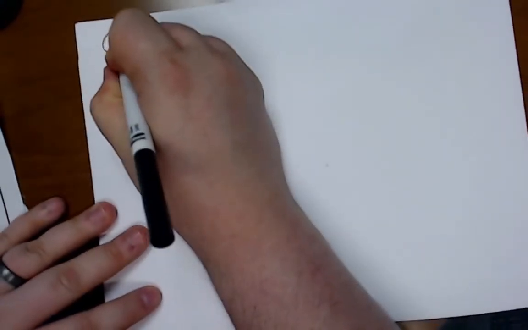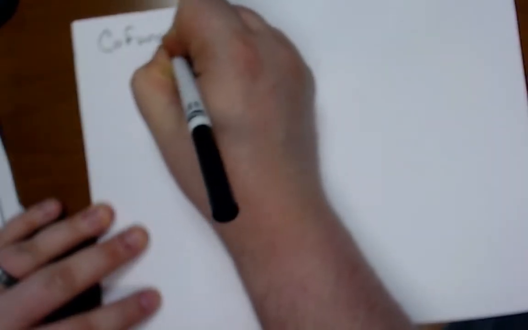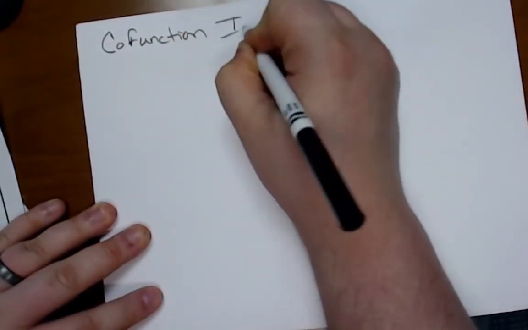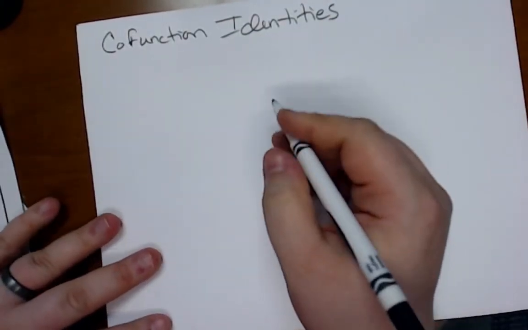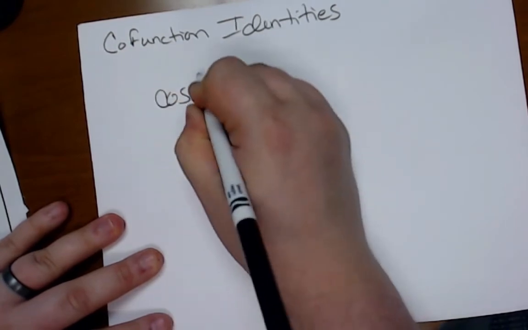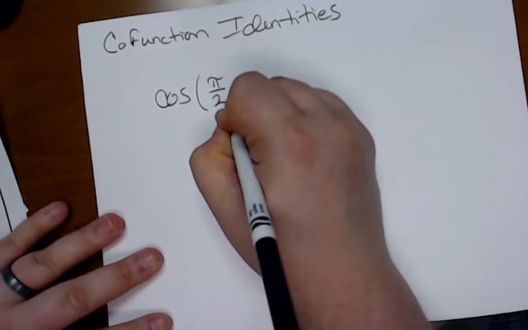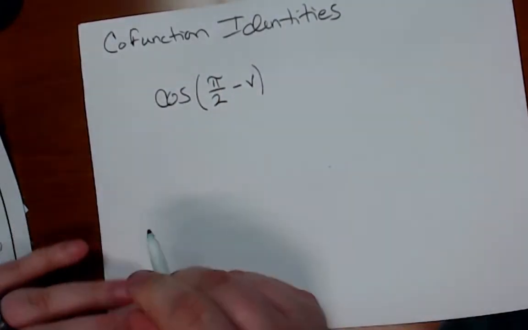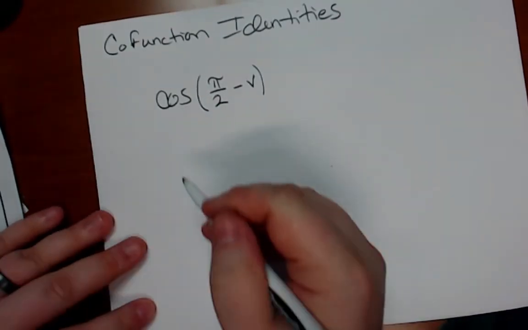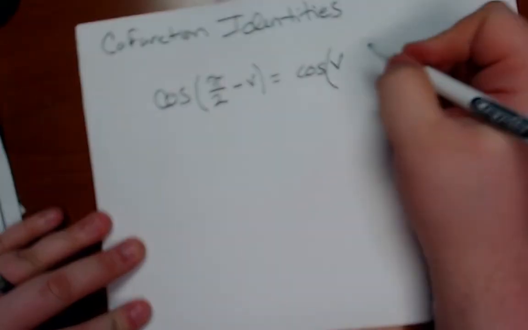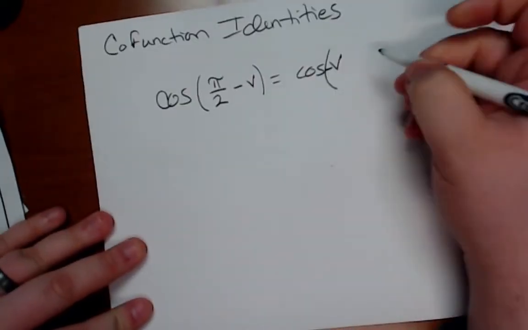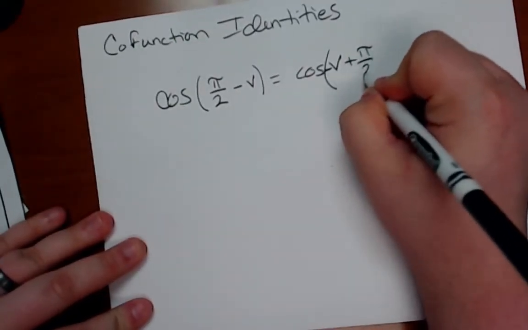And I want to talk about the cofunction identities. Suppose we have cosine of pi over 2 minus v. Well, let's rewrite this. This is cosine of negative v plus pi over 2, right?